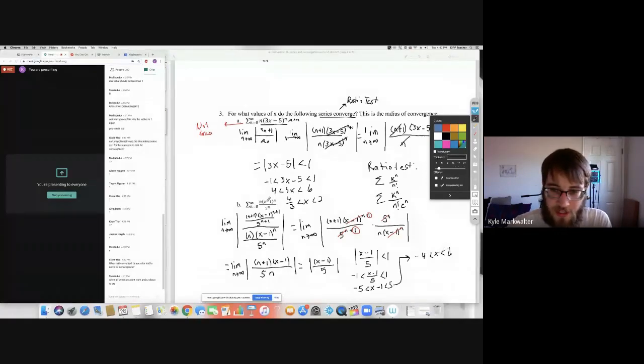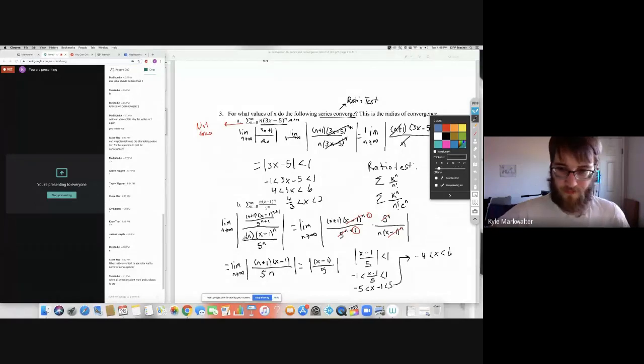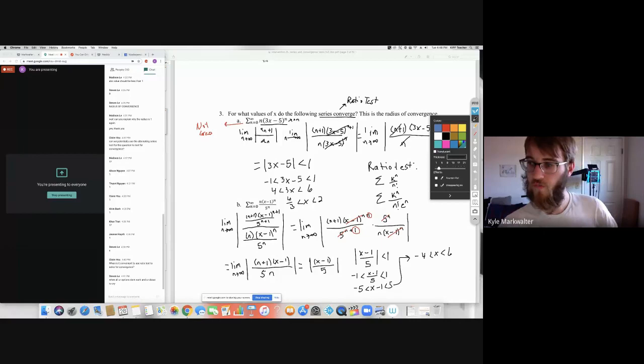You can plug it in, do the ratio test, and prove that it converges. If x is 2, we have 2 minus 1 to the n power, 1 to the n power. You get rid of that and check it using the ratio test, and it would converge. Questions?